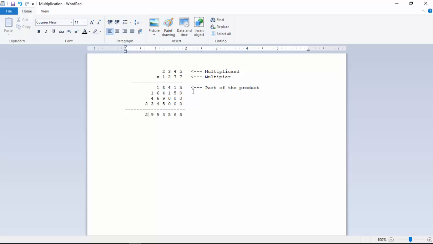And if you noticed, there are spaces also when we are adding up, and we assume that there are zeros in the upper rows in those positions as well.